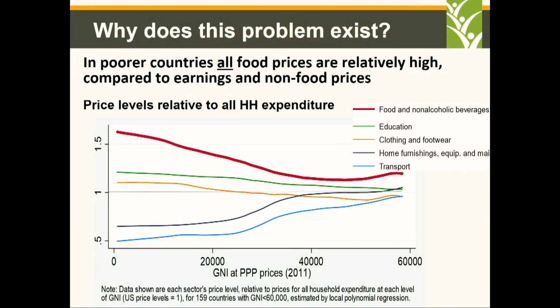So why does this problem exist? We see, especially in this graph, that the price levels for food and other sectors are quite different. Food is very expensive in low-income countries, and the gap in price levels between food and other sectors is really wide at low-income levels. And as countries become richer, this gap narrows down and converges at the very high income level.